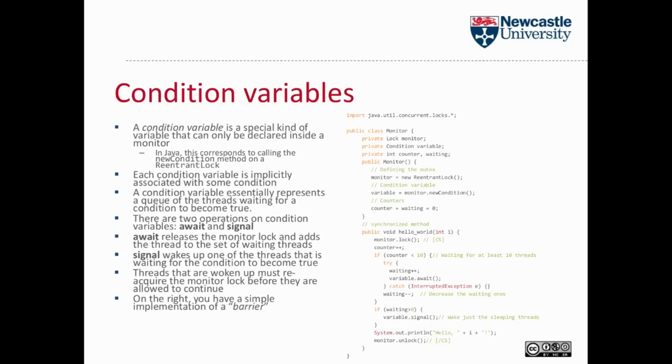So hello world as a method is just acting as a barrier, waiting for at least 10 threads, and then letting all the other 10 go. So for this monitor or lock, you're associating a single condition variable in this scenario, and you have some counters that are initialized to 0. By default, Java is initializing integers to 0, but that is still enforcing the obvious.